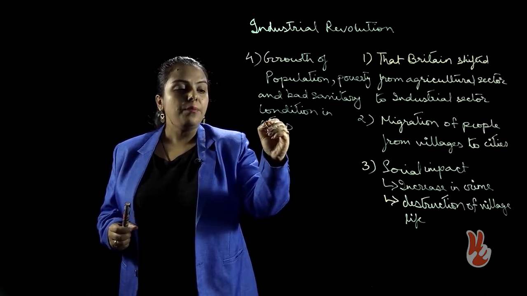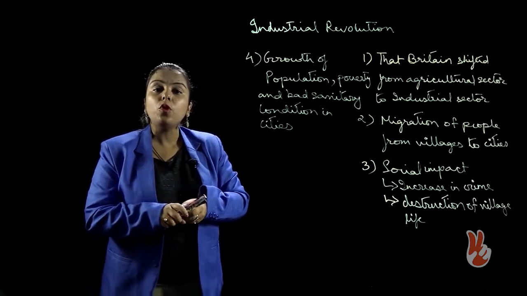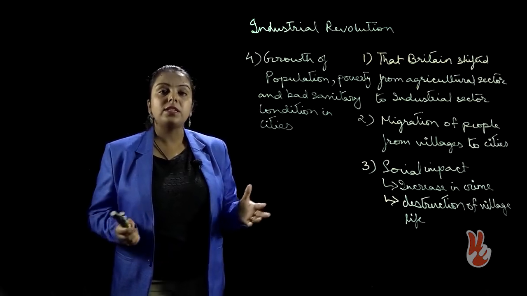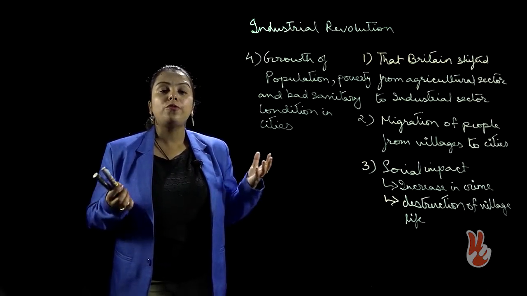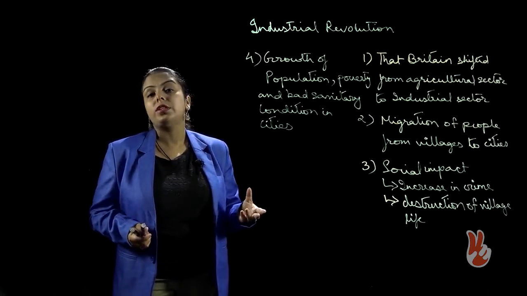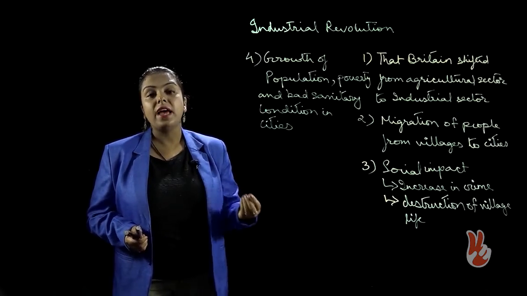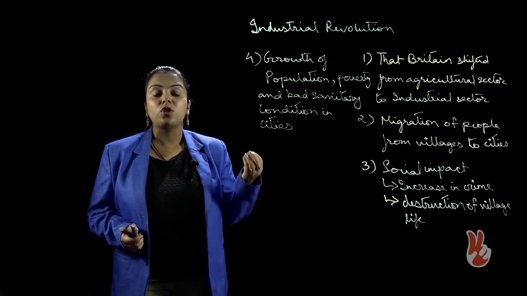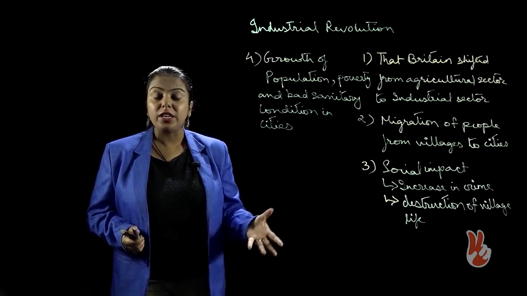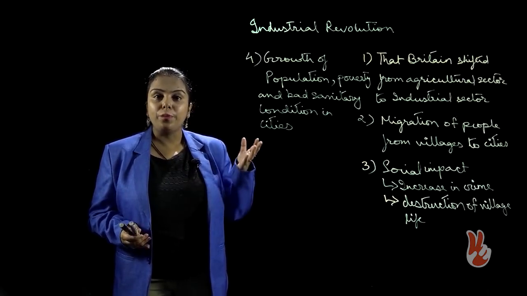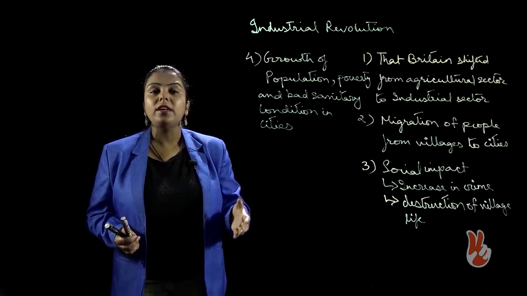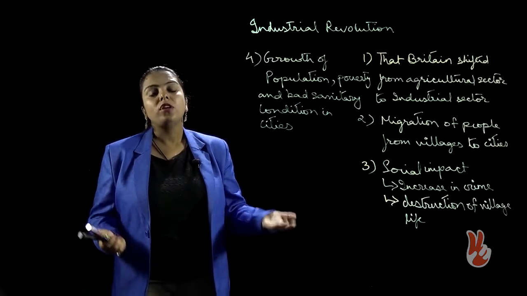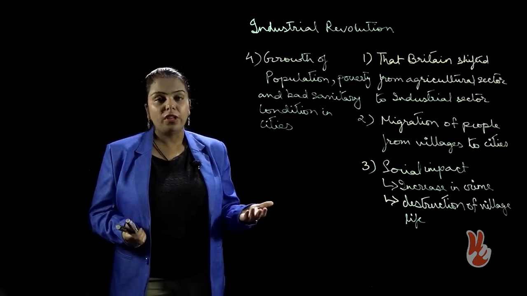This was a very important impact because more and more people started coming to cities, a huge number of population was migrating to cities, but they were poor, they didn't have enough money, and industrialists called laborers a cog in the machine, which meant that they were supposed to be exploited, they were supposed to be made to work really hard for the profit earning of the capitalists.